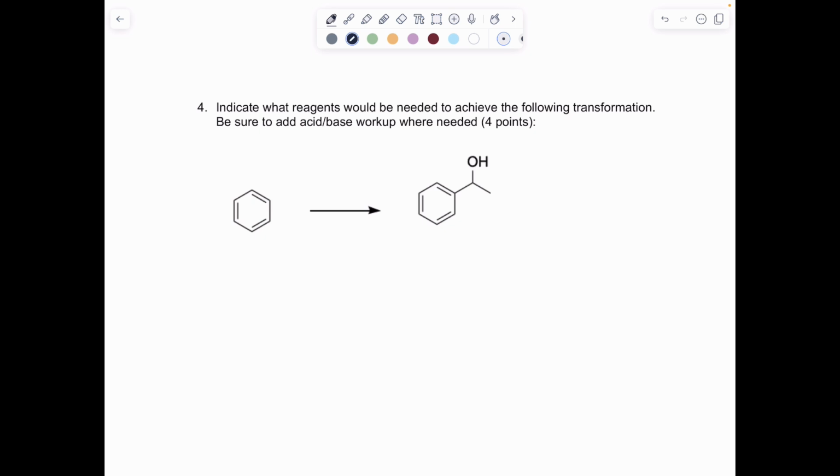If we think about our final product with this alcohol group, it might make sense to do an acylation because once you've acylated, you can then reduce the carbonyl carbon into an alcohol.